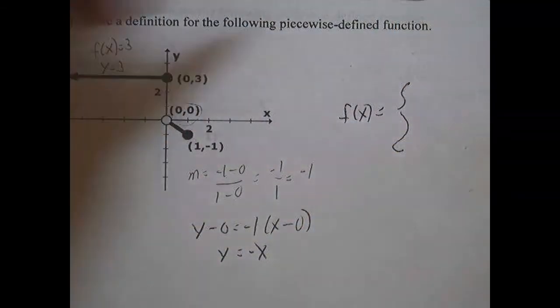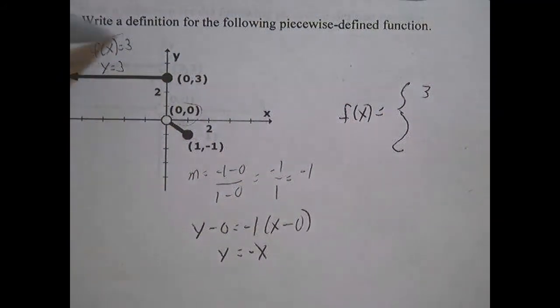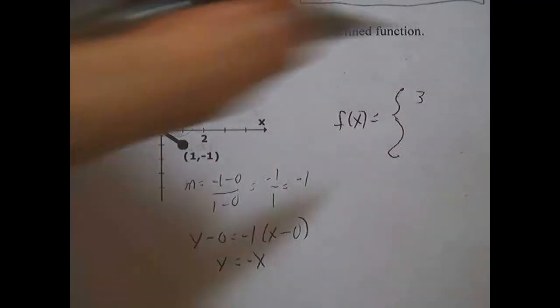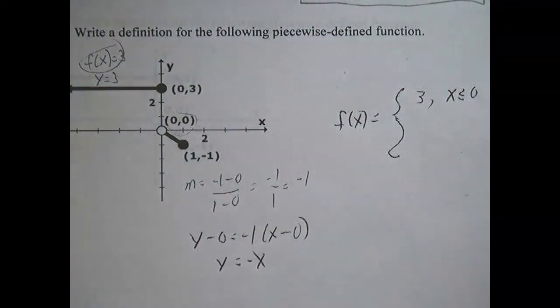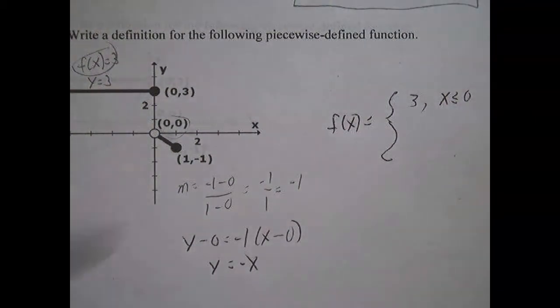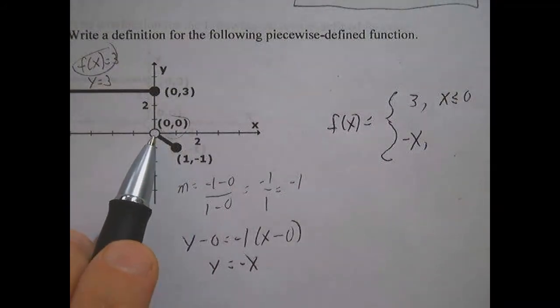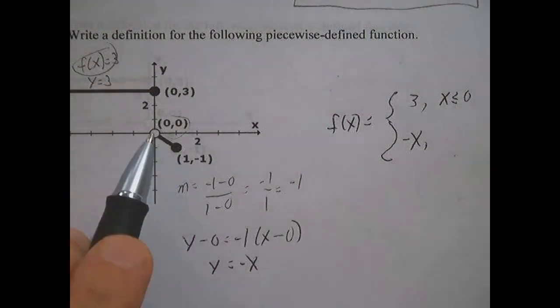One piece is 3. That's the f of x equals 3. And that is true whenever x is less than or equal to 0. And it's negative x whenever x is between 0 and 1, but not including 0 and including 1.